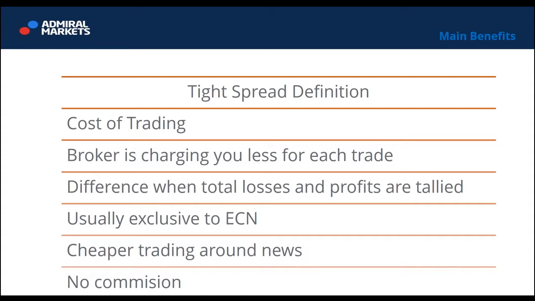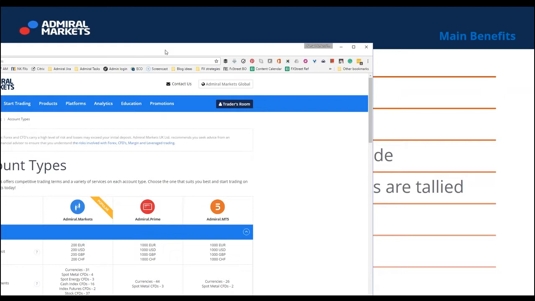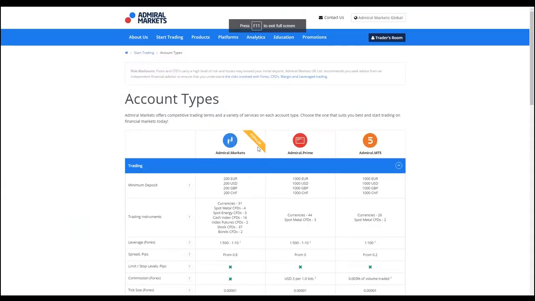So here I will show you now how it looks. Okay, let me just move my screen and you will see it here. So here, you see, there is the Admiral Markets account and the Admiral Prime account.